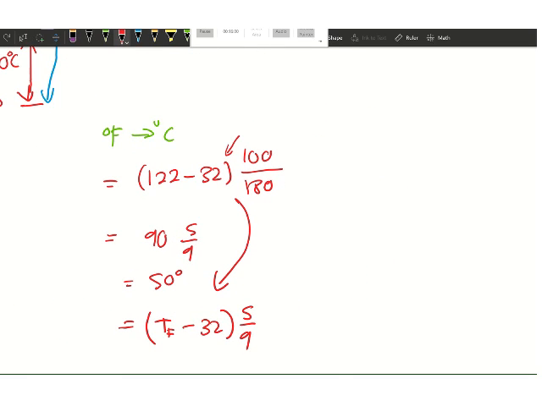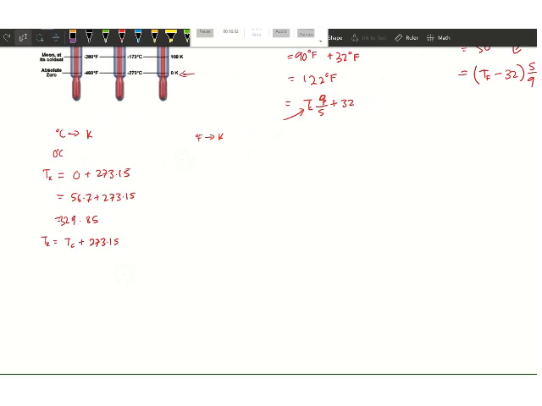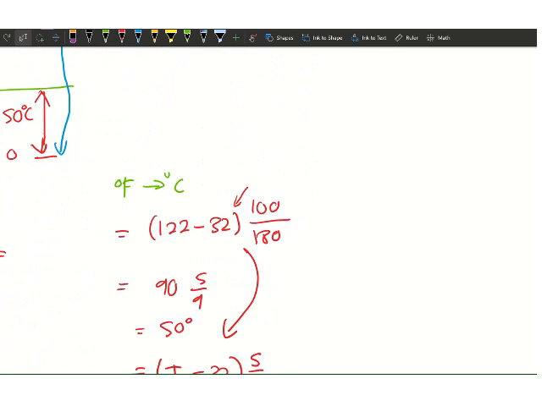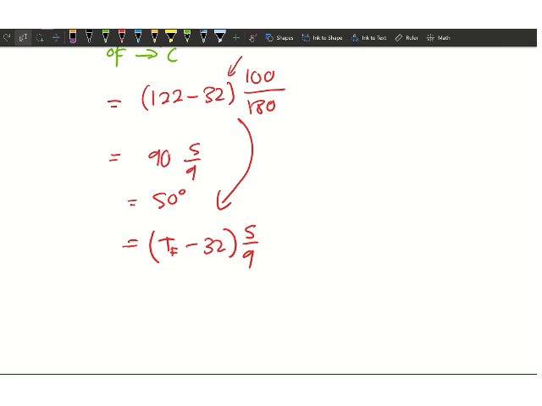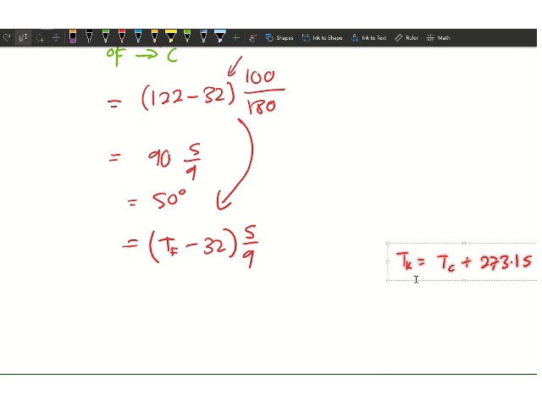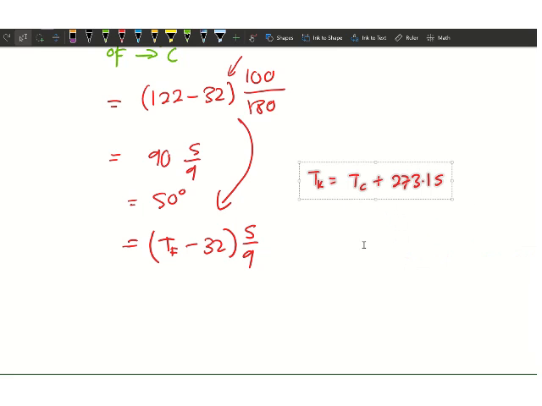If you remember, I've already written the equation there. This is the equation to convert from Fahrenheit to Celsius, so what we are missing is only 273.15.